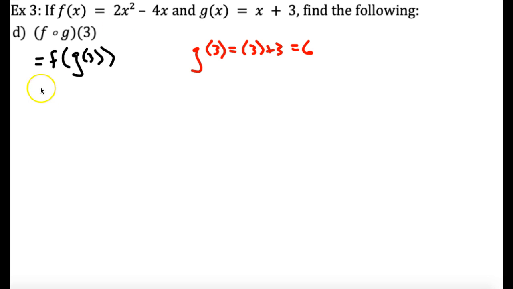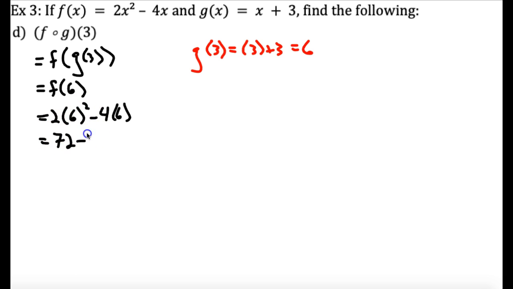So what I'm actually evaluating here is f of 6. So I'm plugging 6 in for these x's. So that's going to be 2 times 6 squared minus 4 times 6. So that's 36 times 2 is 72 minus 24. So what does that get me? 48.